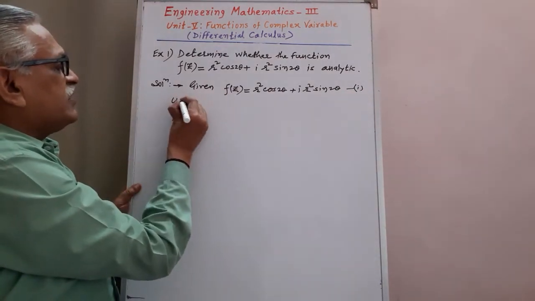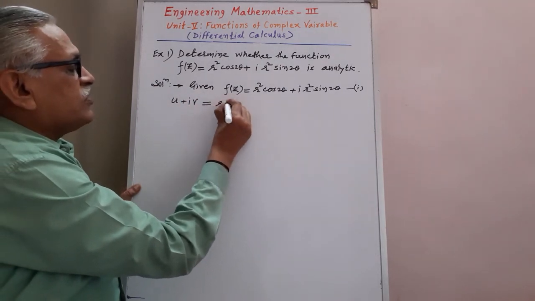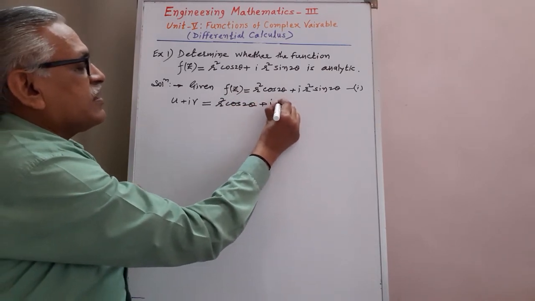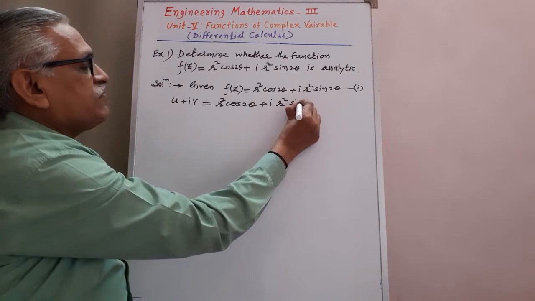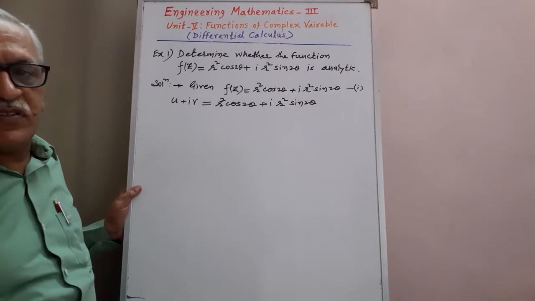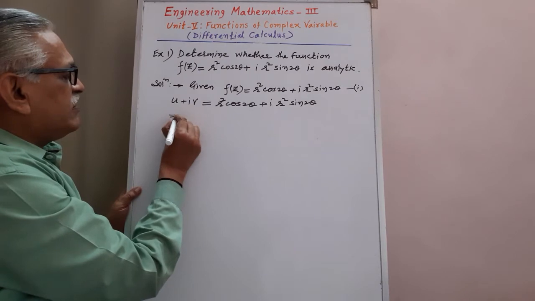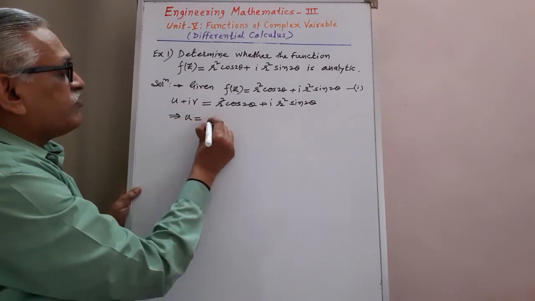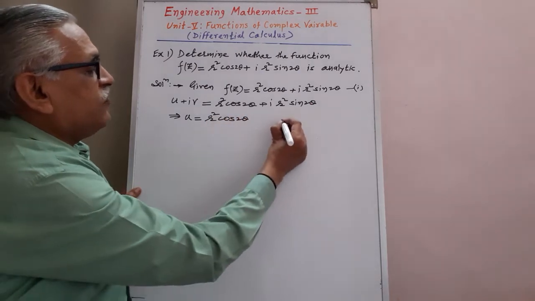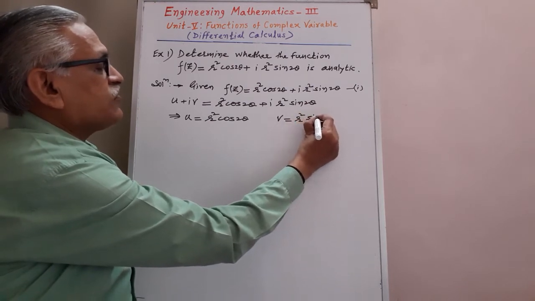f of z is nothing but u plus iv, the general form, and that is equal to r square cos 2 theta plus i times r square sin of 2 theta. Complex number on the left hand side, another complex number on the right hand side, equality sign is there, therefore comparing we get u is equal to r square cos 2 theta and v is equal to the imaginary part, r square sin of 2 theta.